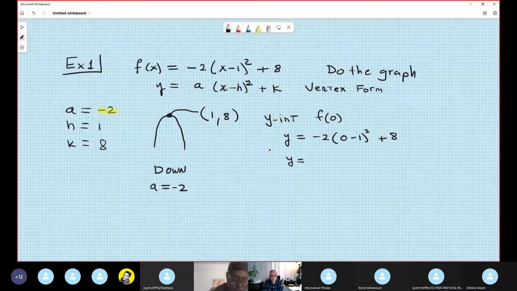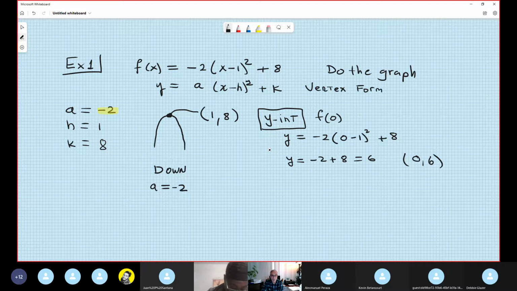Y equals 0 minus 1, which is negative 1, squared is positive, so it's minus 2 plus 8, which is 6. Therefore, the famous Y-intercept is at the point 0, 6, because in the formula x is 0, since on the Y-axis any x component is 0.